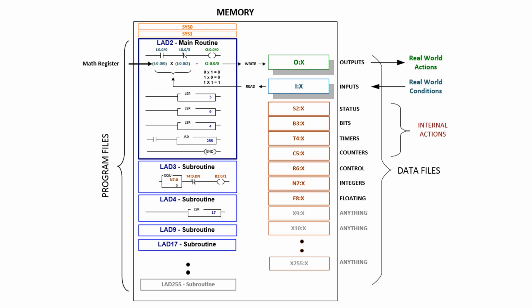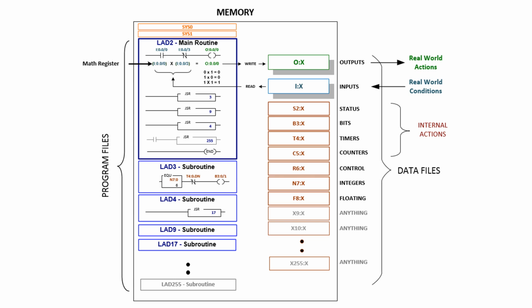Now I show this expanded out because with RSLogix 500, you can have all the way up to ladder 255. So ladder 2 you get whether you like it or not. If you want to have ladder 3, ladder 4, you don't have to have 5 to have 9 to have 17.